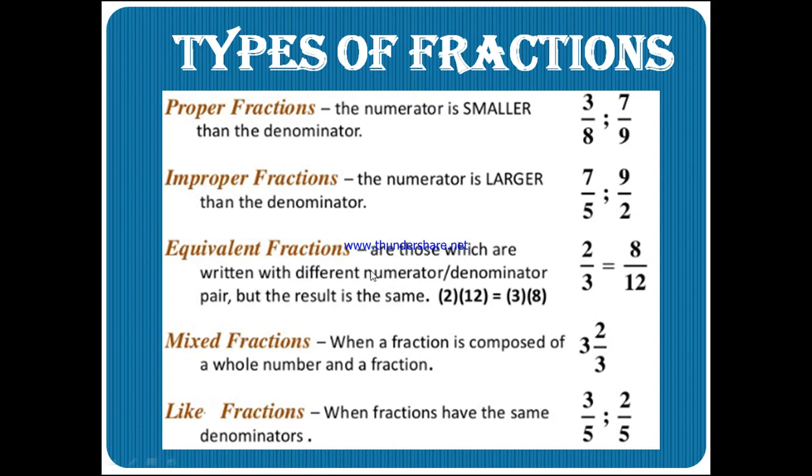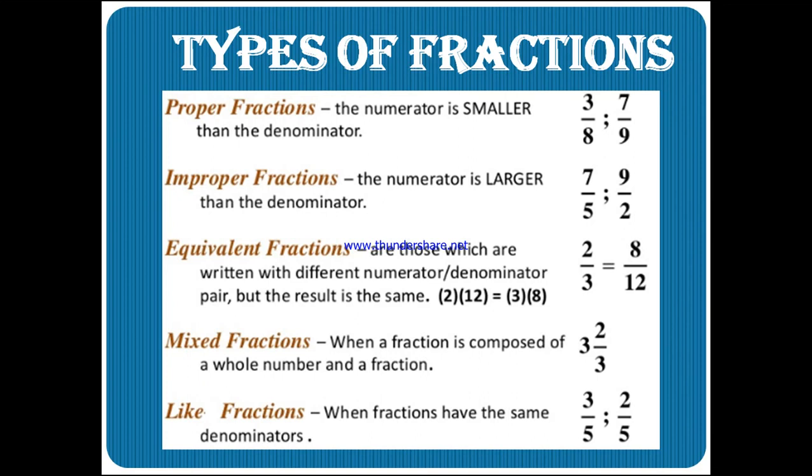Equivalent fractions are those which are written with different numerator and denominator pairs, but the result is the same. Look at this one: 2 by 3 equal to 8 by 12. If a fraction 2 by 3 and 8 by 12 are placed with an equal sign like that, both are equivalent fractions.